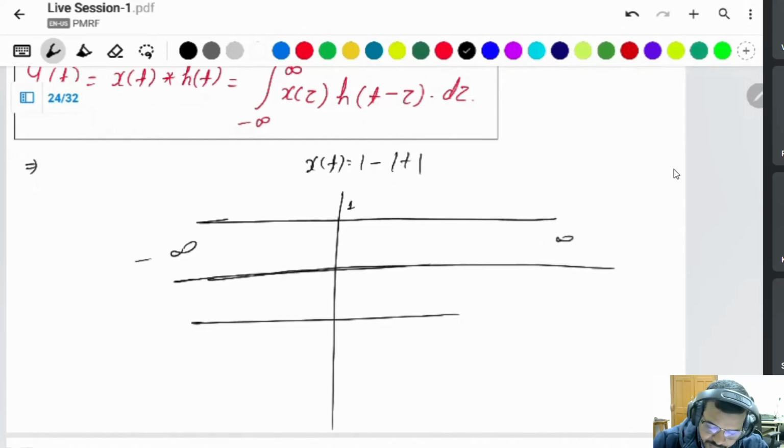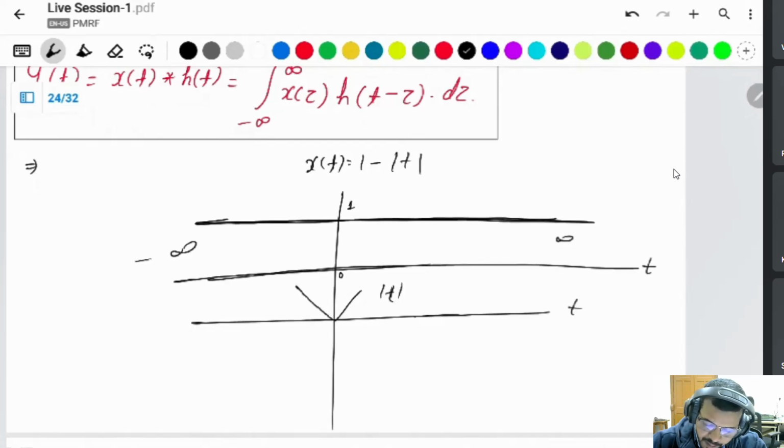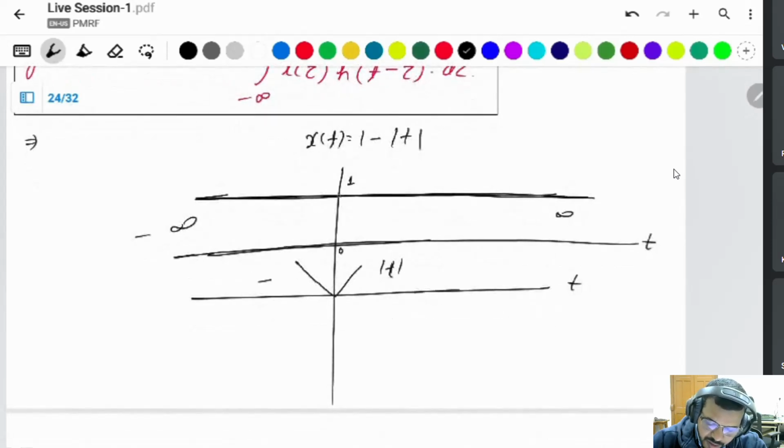This is the origin 0, the x-axis t, and this is the 1. Second thing, this is the mod t. You have to subtract mod t from the 1. Then what happened?